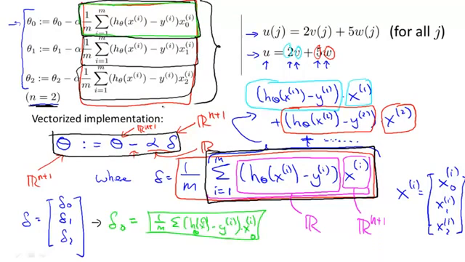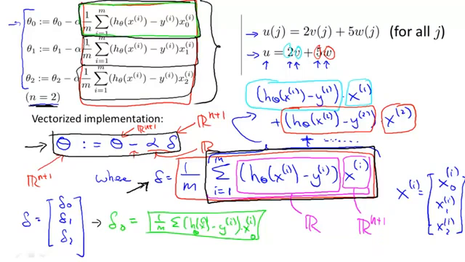So I know that there was a lot that happened on this slide, but again, feel free to pause the video, and I'd encourage you to step through the slide to make sure you understand why it is that this update here, with this definition of delta, is equal to this update on top.